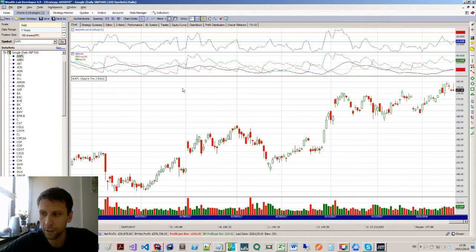So maybe it's a good idea to short it, but exit very quickly, like, I don't know, when it reaches 2% or something, okay? So that's another strategy. I'm going to be going around a few of these options, and we'll see which one works, and then I'll start trading it and publishing symbols for the US market.